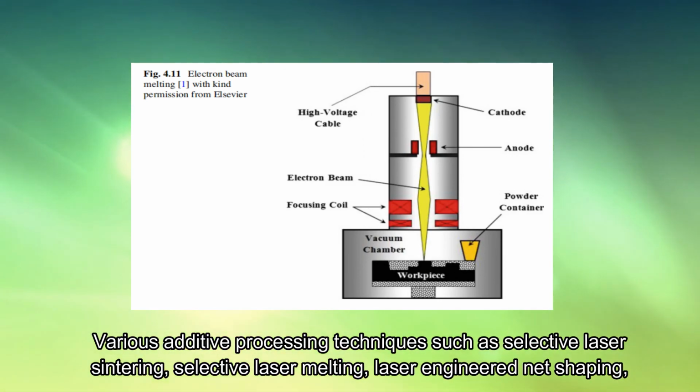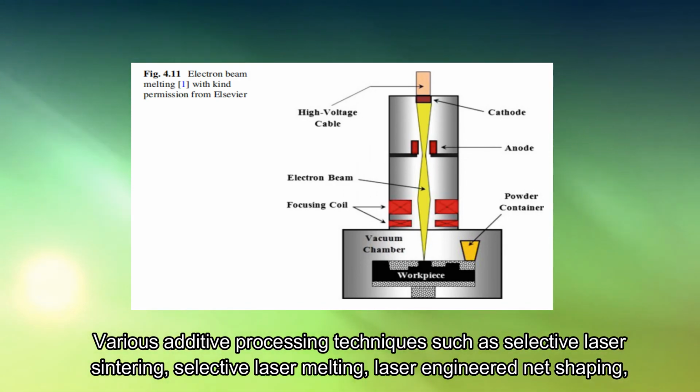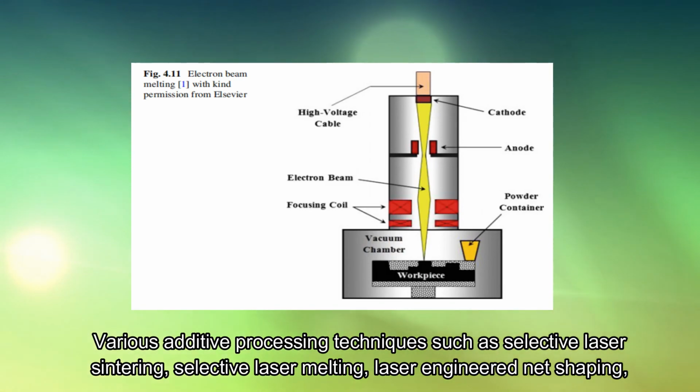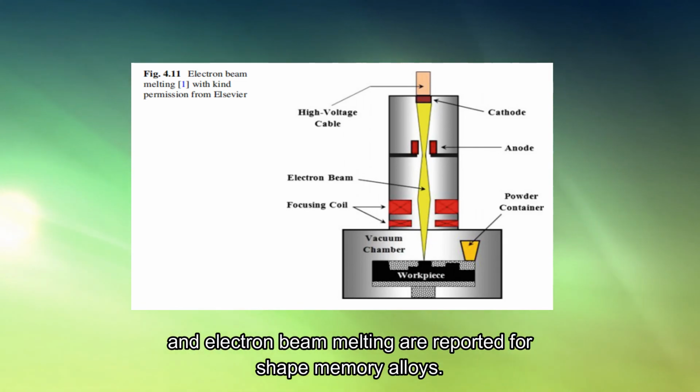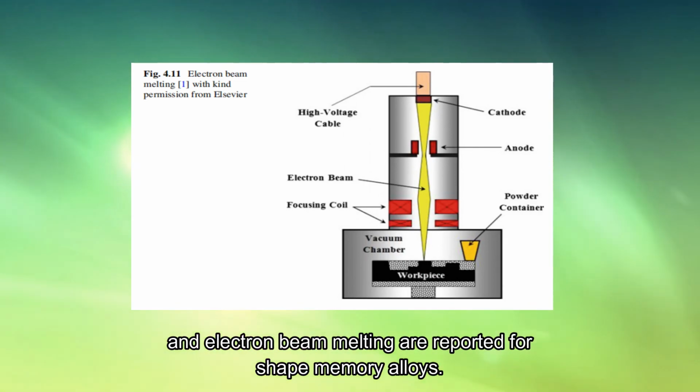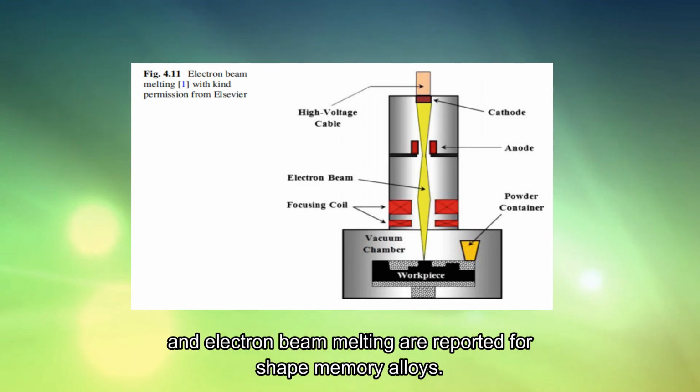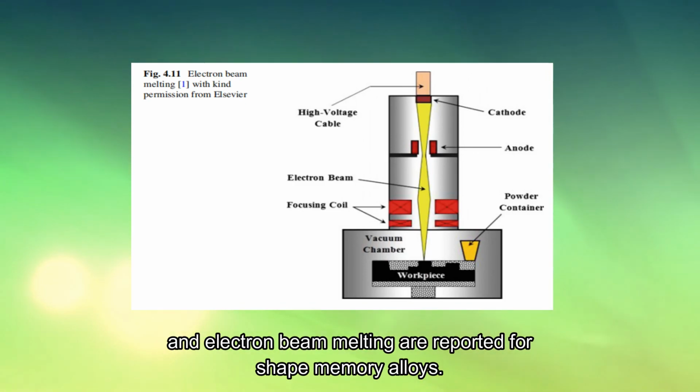Various additive processing techniques such as selective laser sintering, selective laser melting, laser engineered net shaping, and electron beam melting are reported for shape memory alloy.